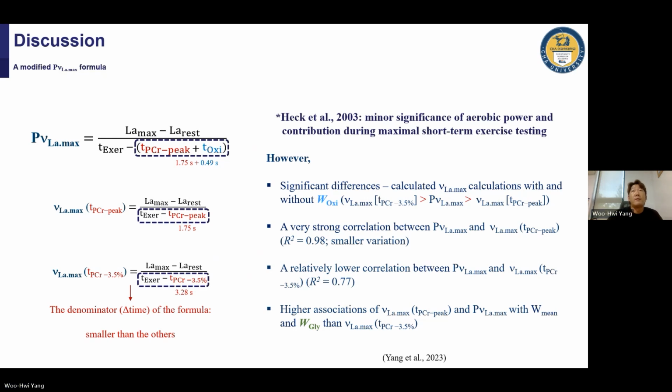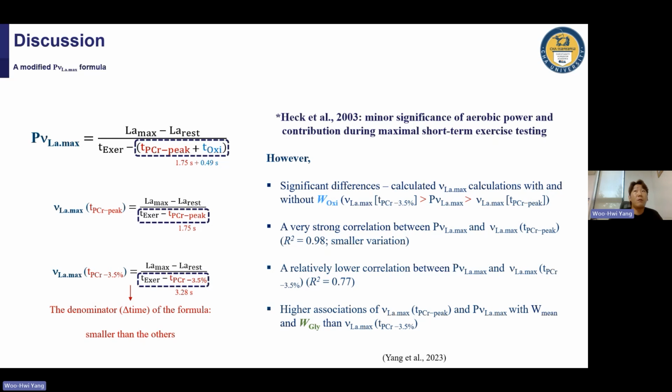For discussion, the level of PvLa.max 3.5 showed higher values than PvLa.max peak and PvLa.max because the TPCR minus 3.5% value was 3.2 seconds. So the denominator of the formula was smaller than the others.